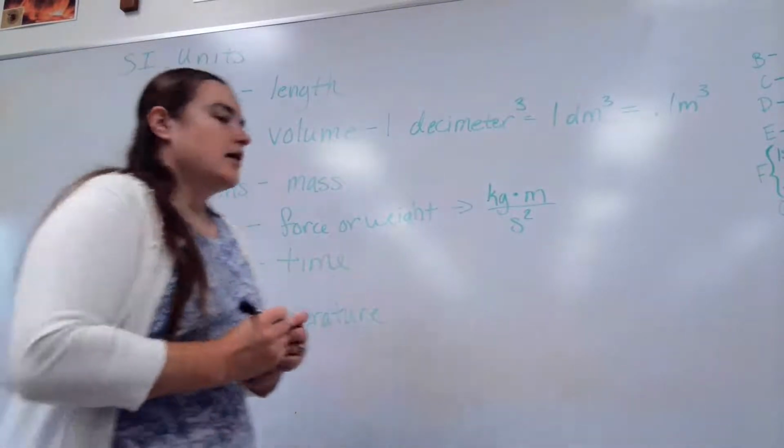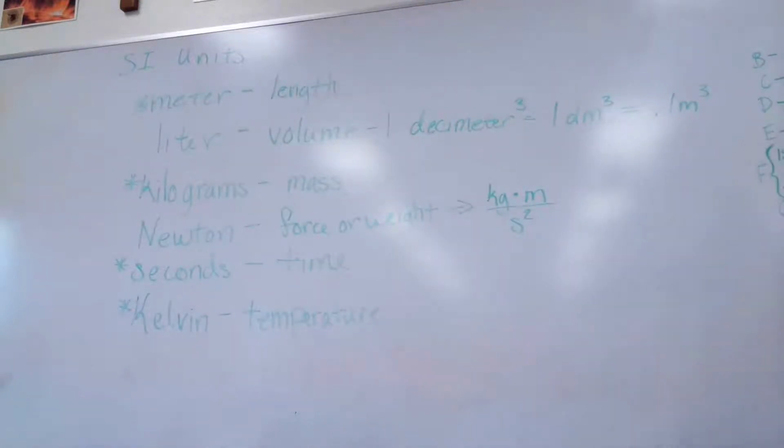Now, with Celsius, we know the 0 point of Celsius is when water freezes, right? You guys know that, right? So if our 0 point is where water freezes, we're going to get negative temperatures all the time, right? Because outside, it could be negative Celsius pretty easily in winter.